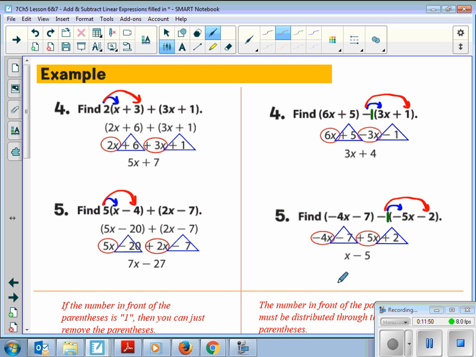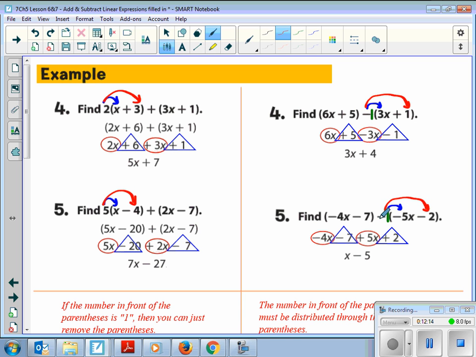Down here, for example 5, we have no number in front of the first quantity, so we can go ahead and just take those parentheses away. So this is going to be negative 4x minus 7. On the second quantity, you have a negative 1 in front of the parentheses, so you need to use the distributive property to take the parentheses away.